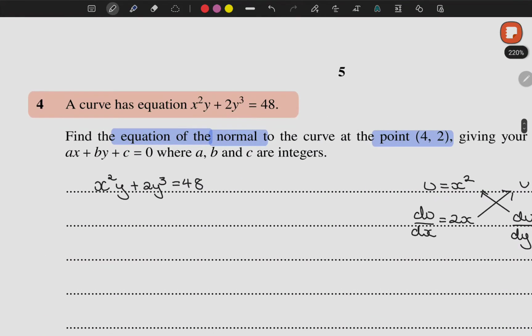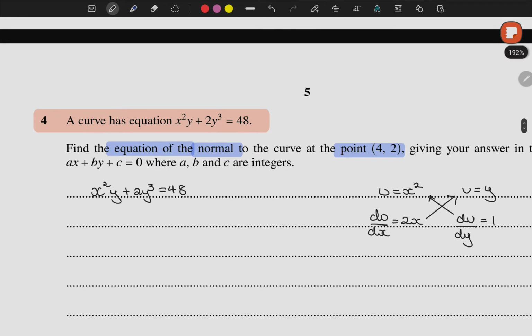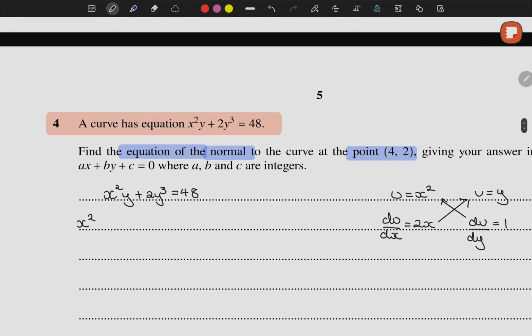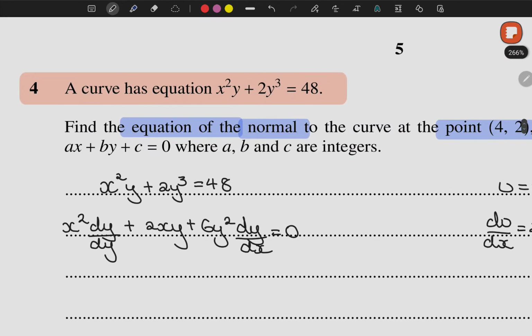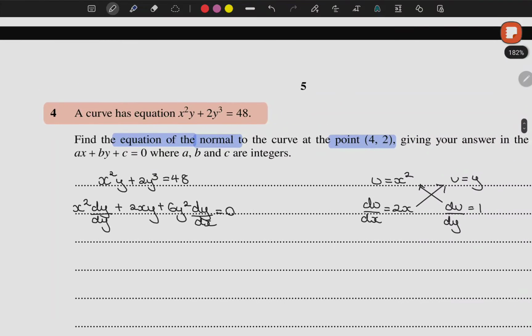So that's going to be x squared dy dx, because we just differentiated the y, plus 2xy. Plus 6y squared dy dx, because I differentiated y cubed, is equal to 0, because whenever you differentiate a constant, you get a big fat 0.